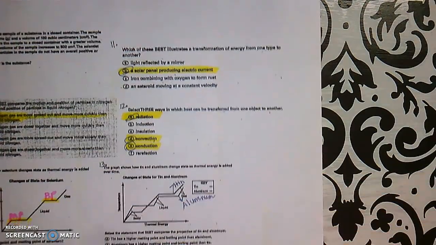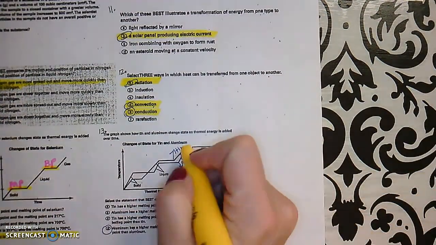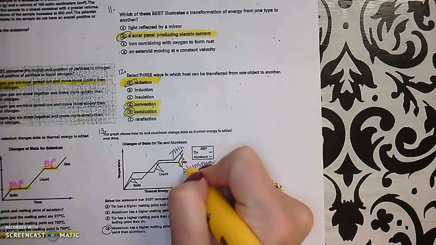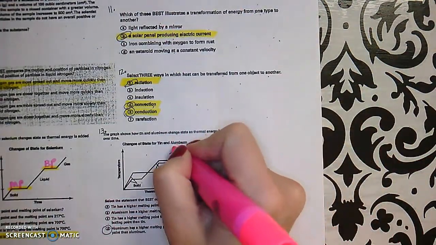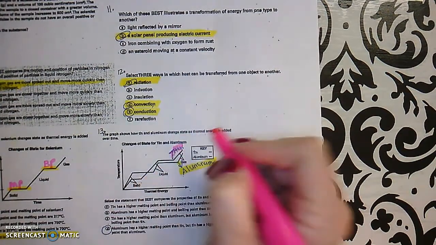Number 13, the graph shows how tin and aluminum change state as thermal energy is added over time. Okay? So here's our graph. Down here is aluminum, and here is tin.